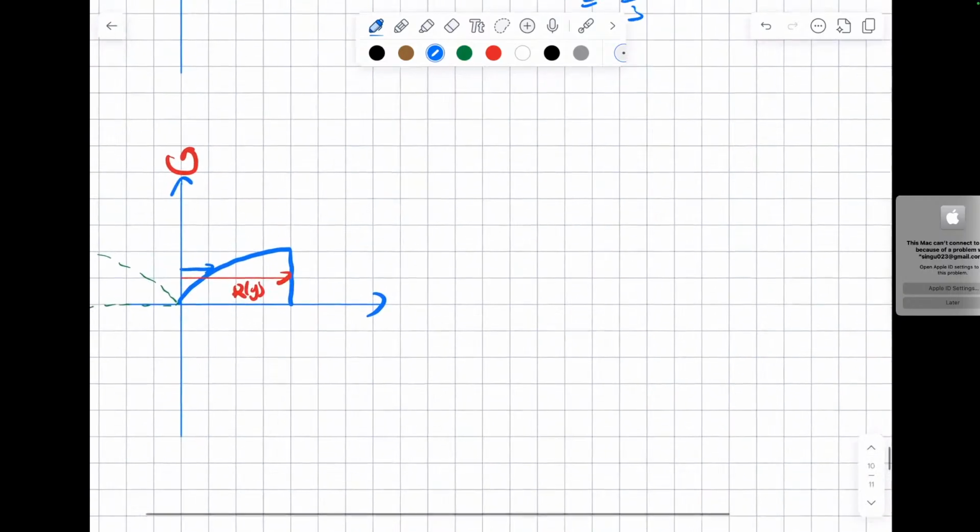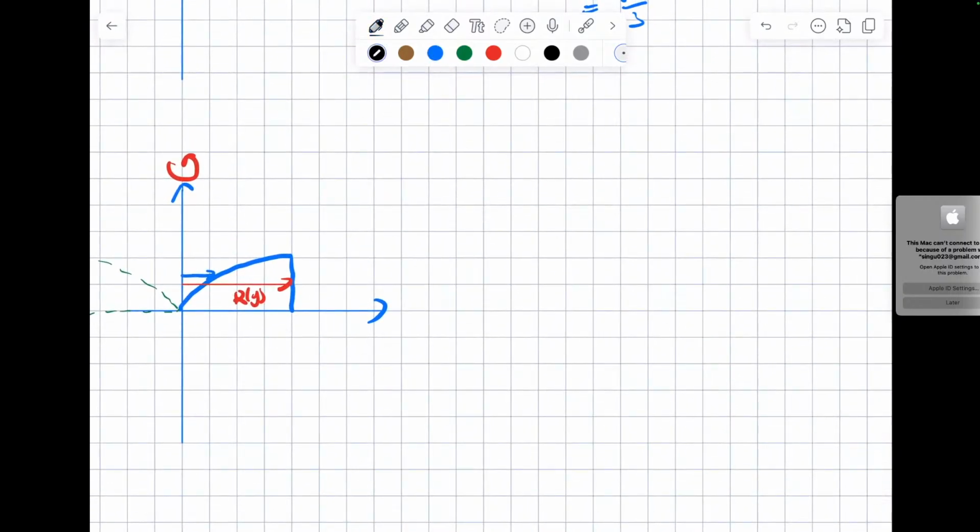So we know this is still y equal to square root of x. The important thing is to convert this to y. How do I convert this to y? That means you solve for y, so it'll be x equal to y squared. Does that make sense?